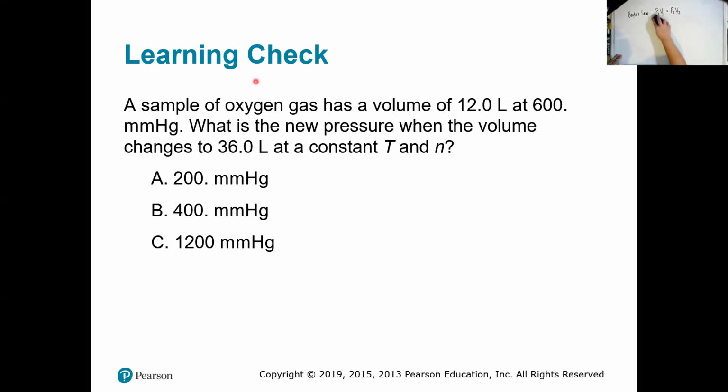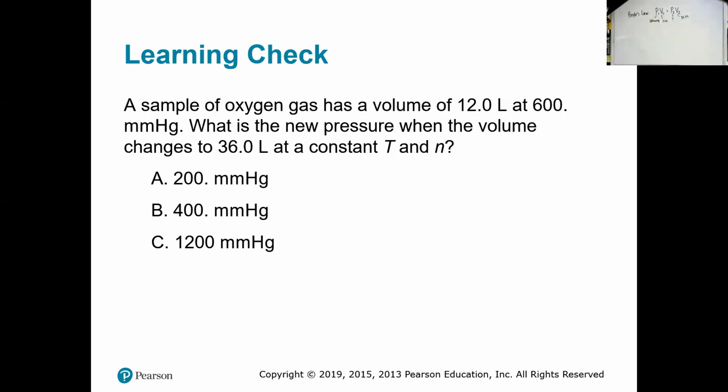So our original pressure is 600 millimeters of mercury. Our original volume is 12 liters. Our new volume is 36 liters. And we're looking for that new pressure.